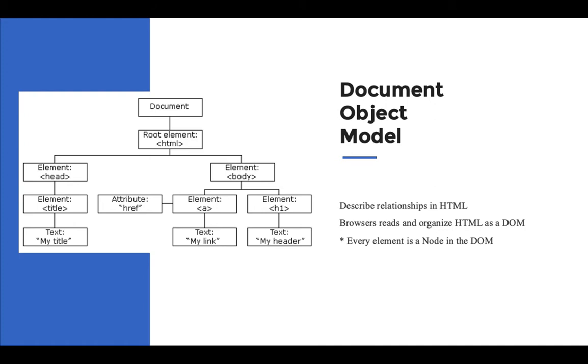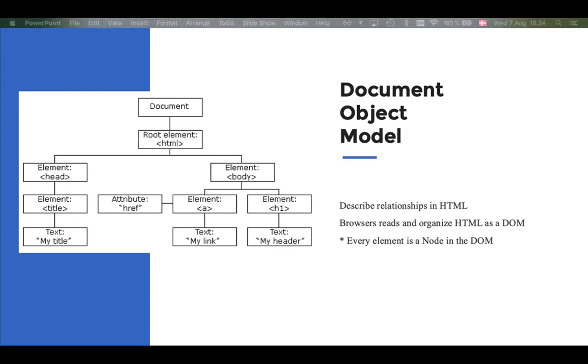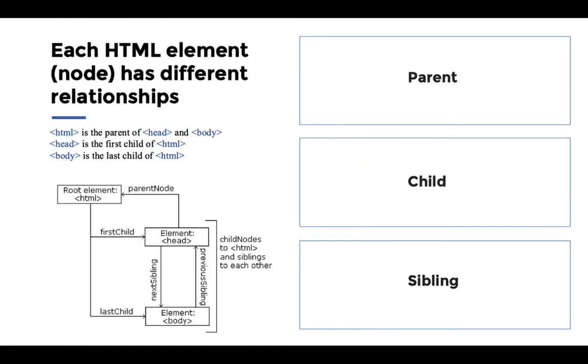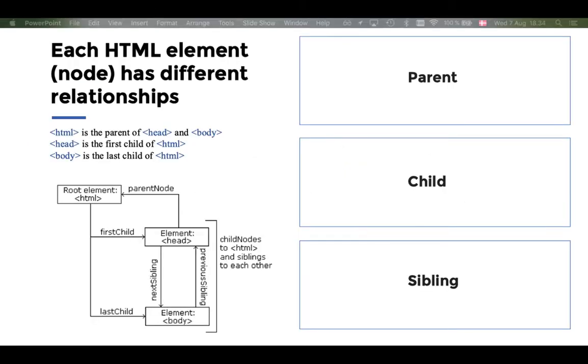So it's basically what we were inspecting over here. This is the DOM itself, right? So this tree structure, that is our DOM. And each element here is called a node within the DOM.